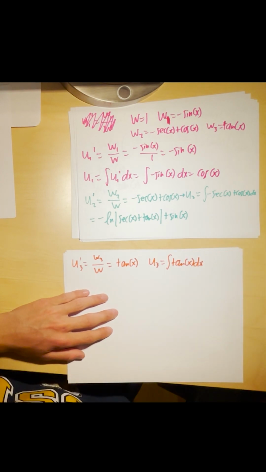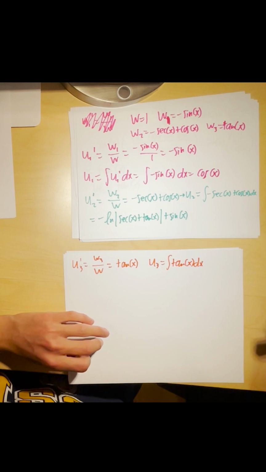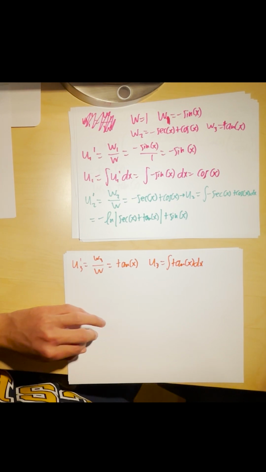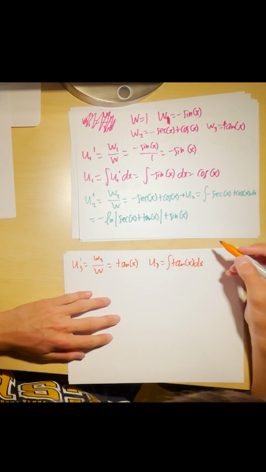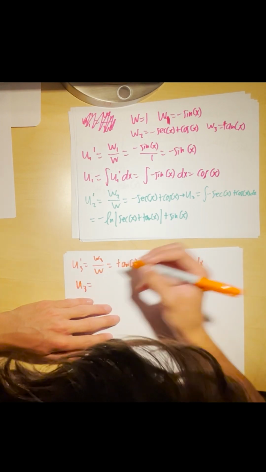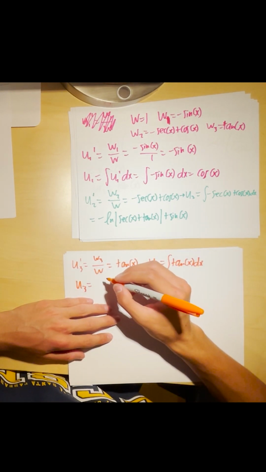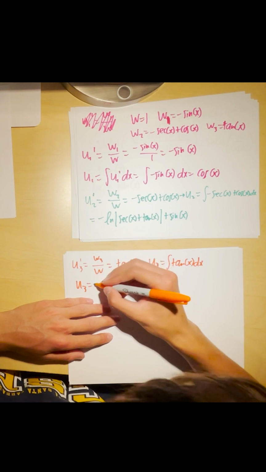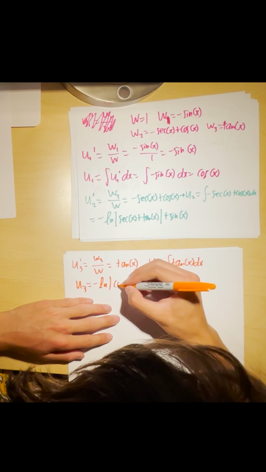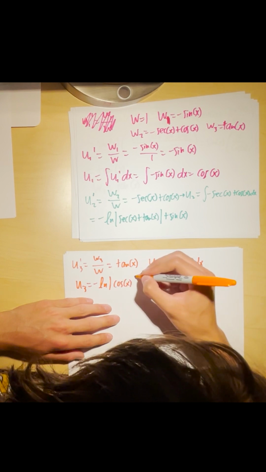And we don't have constants because this is a particular solution, and only the complementary solution has constants of integration. And the integral of tangent x is negative natural log of the absolute value of cosine of x.